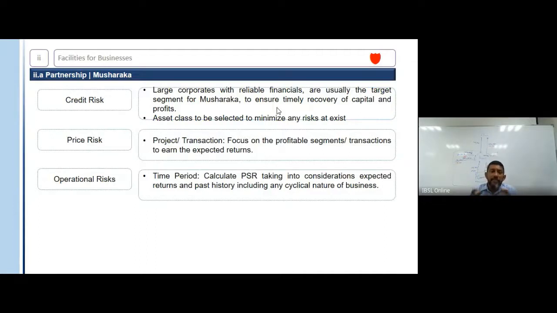in the Islamic banking case, since we are connected to the real activity, it creates a little more scrutiny into the underlying business involved. Because unless you are very sure that this case is worth lending, you won't go into a musharaka, because you will end up sharing profits and losses.